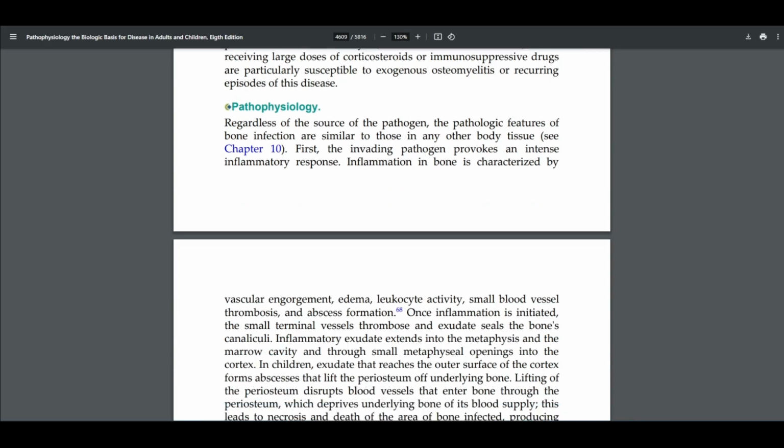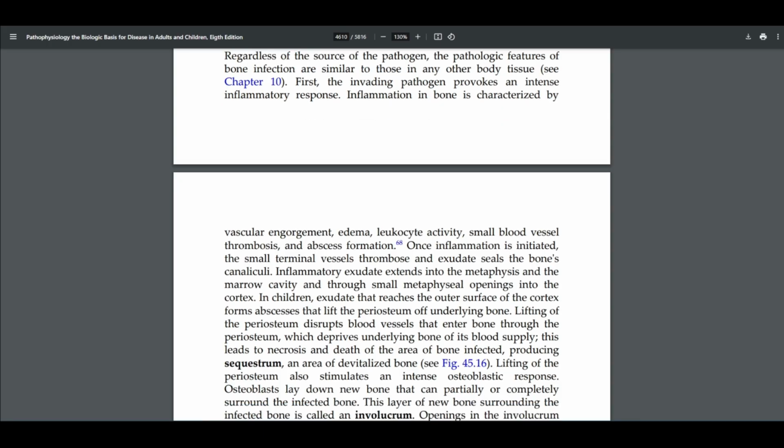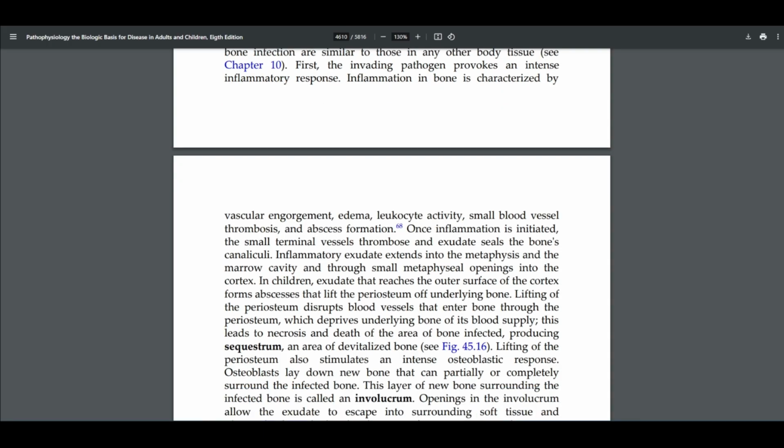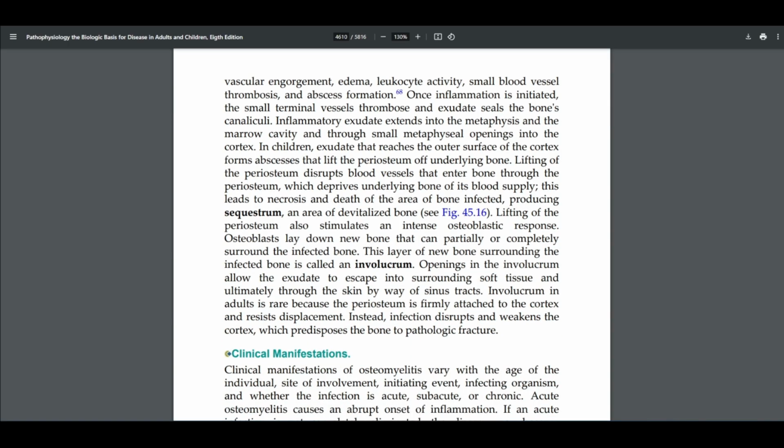So, our pathophysiology. Regardless of the source of the pathogen, the pathologic features of the bone infection are similar to those in any other body tissue. First, the invading pathogen provokes an intense inflammatory response. Inflammation in bone is characterized by vascular engorgement, edema, leukocyte activity, small blood vessel thrombosis, and abscess formation.